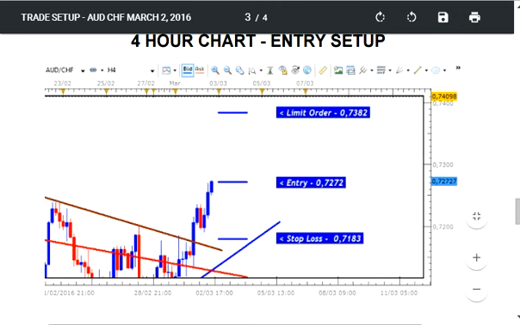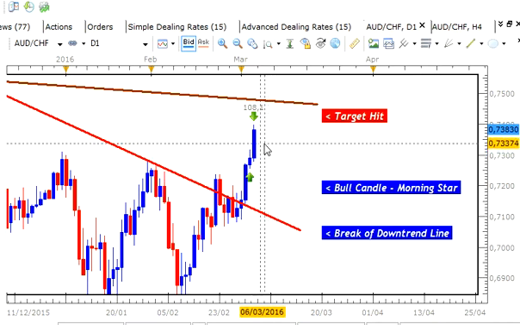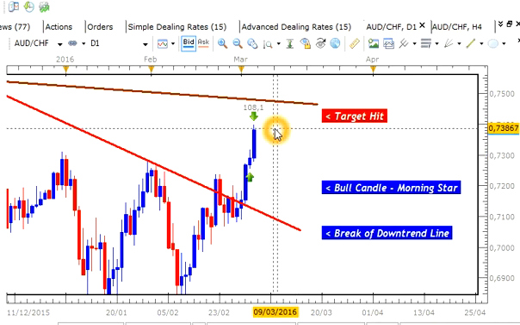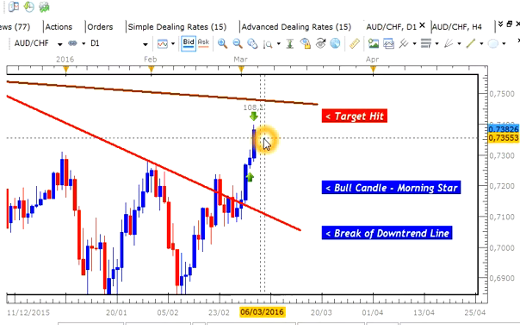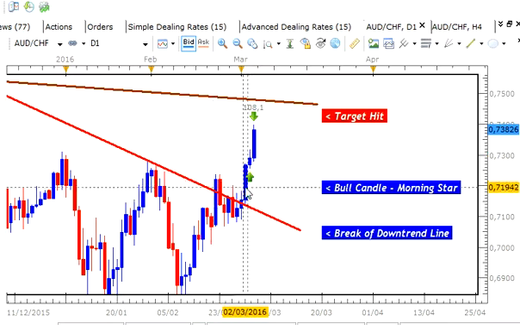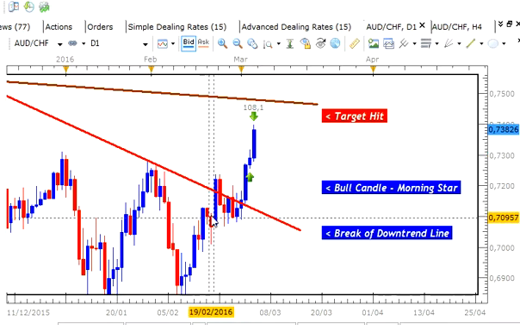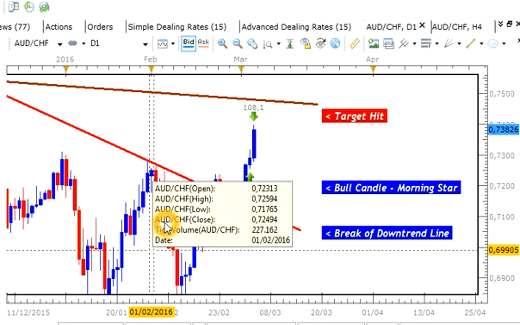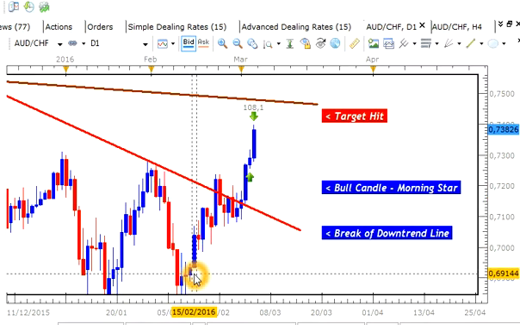And taking a look at the current chart, you can see that the market rallied and took us to the target, providing us with a gain of 108 pips. So the market rallied as expected in response to this bullish candlestick formation within the context of the expected rally towards the resistance following the recent rally at support.